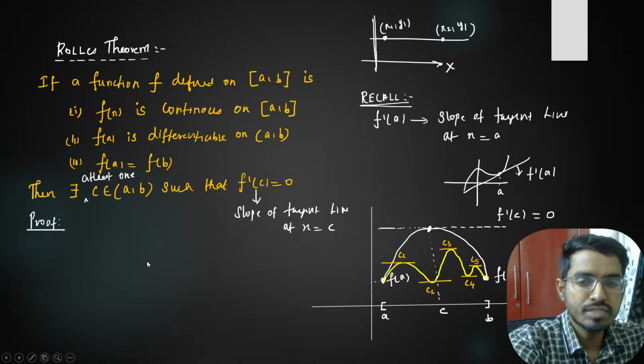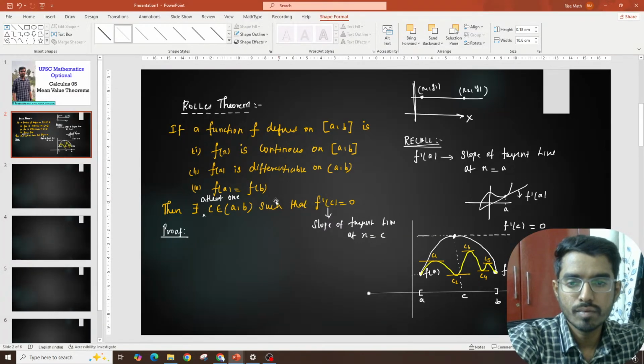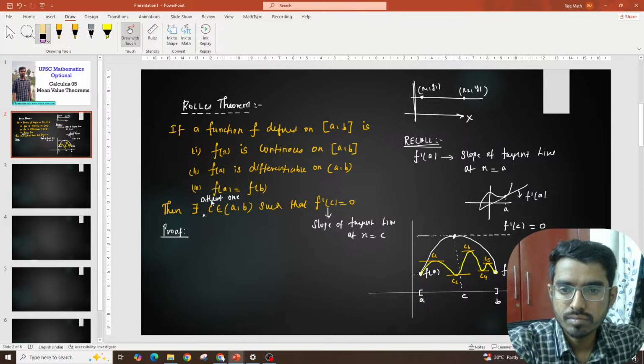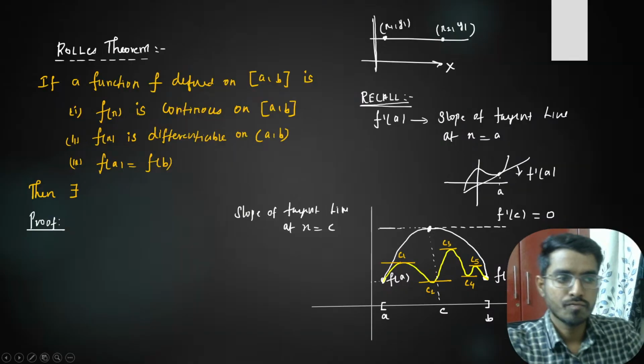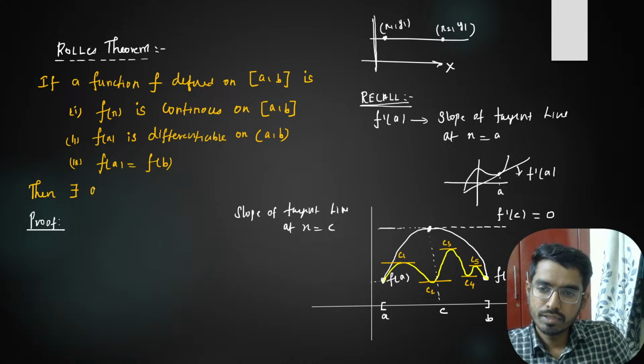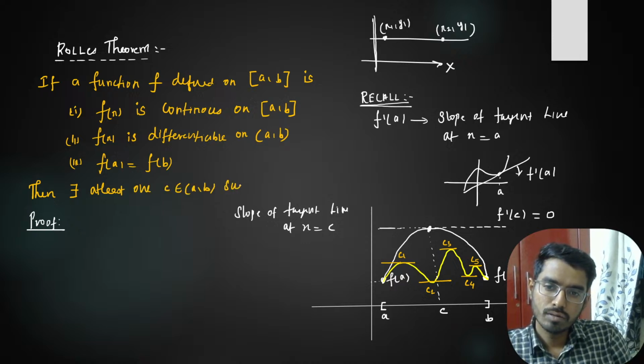So is this clear? The statement is clear. So I'll just rephrase this. Then there exists at least one C in the interval a comma b, such that f dash of c is equal to 0.